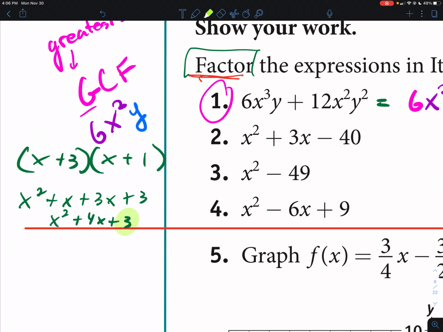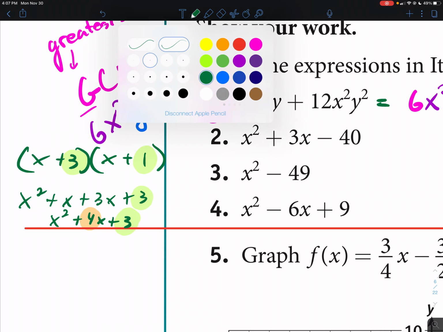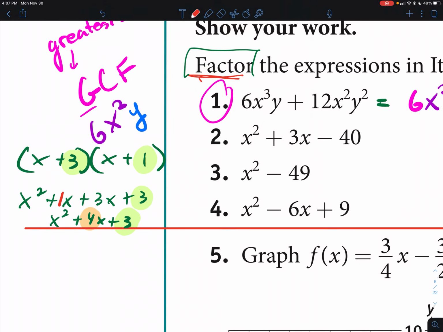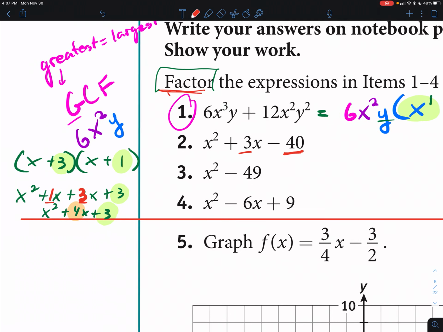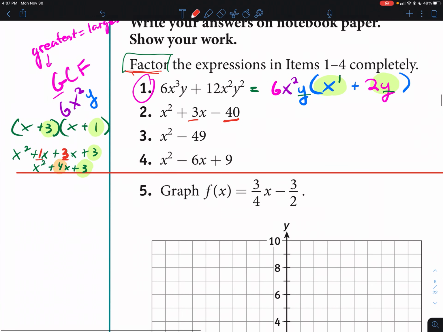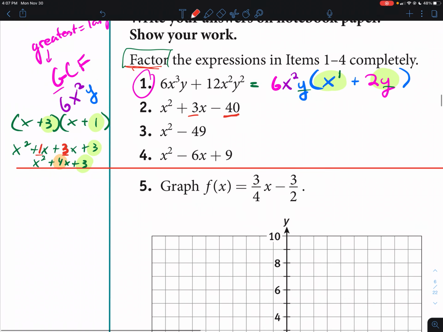So the 3 came from 3 times 1. And then the number in the middle, the 4, came from 1 plus 3. So we need two numbers that multiply to give us negative 40, but then add together to give us 3. So we need factors of negative 40 that add to give us 3.